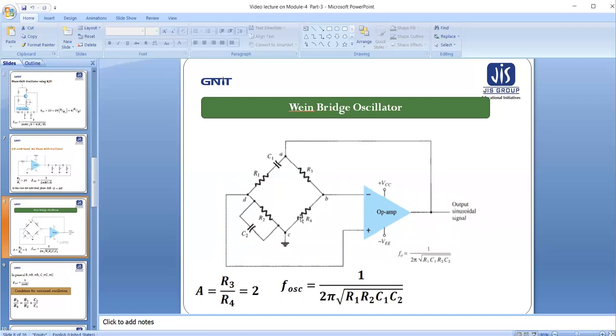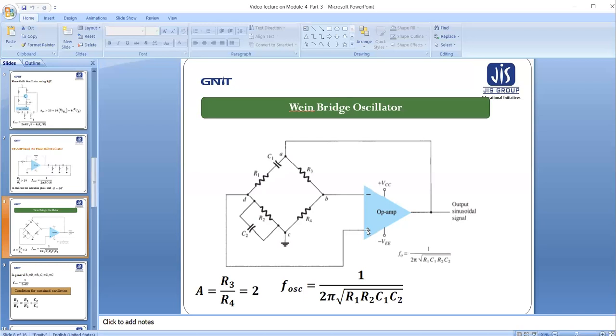This R3 and R4 basically generate the op-amp closed loop gain, which is R3 by R4. And here we are seeing that the output is going through a capacitor and resistor series combination, and after that there is a parallel combination, and finally it will go to the plus terminal.